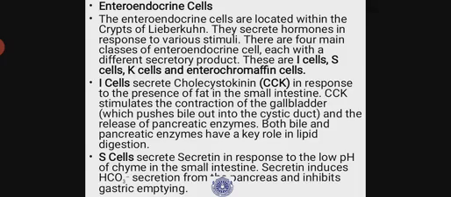Chyme is nothing but the semi-digested, liquid food material present in the small intestine. The secretin, as you know, induces bicarbonate secretion from the pancreas and inhibits gastric emptying. So it prevents the emptying of gastric juice from the stomach.